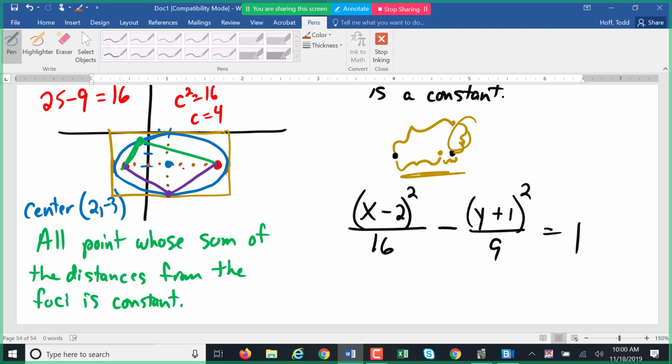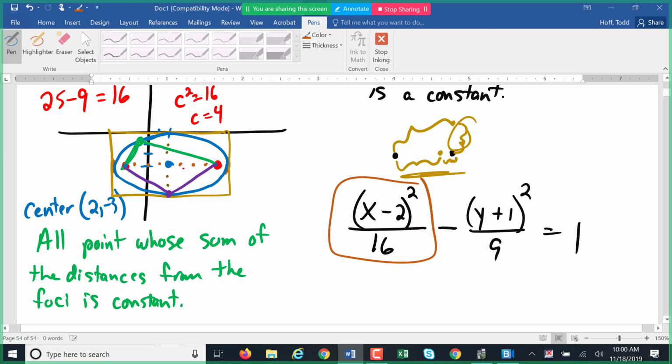First of all, the x is first. The x squared term is positive. So that means this is going to be horizontal. We don't tell whether it's horizontal or vertical by which one's the larger number. We tell whether it's horizontal or vertical by which variable is the positive term. The x term is positive. That tells us this one is horizontal.